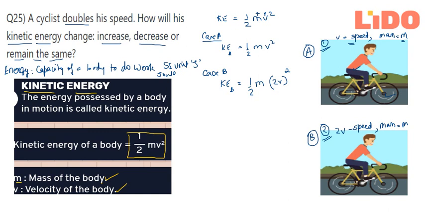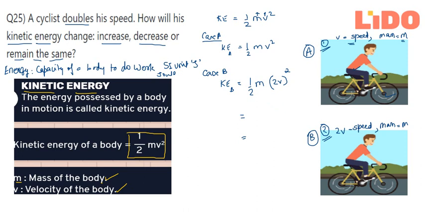So let's solve it further: half m into 4v square. Or let's not cancel it. In fact, then it will be easier to tell what will happen to the kinetic energy, right?